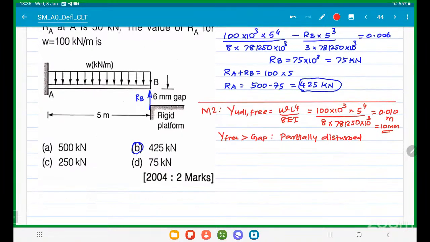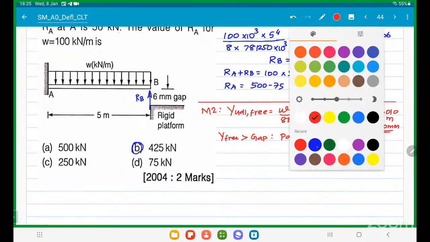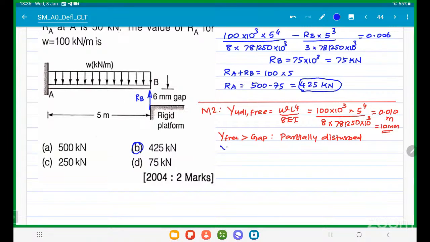If it is partially disturbed, what is the disturbed deflection? Y disturbed is equal to 10 minus 6 equal to 4 mm, which is equal to RB L cube by 3EI. So the disturbed deflection is deflection due to RB.